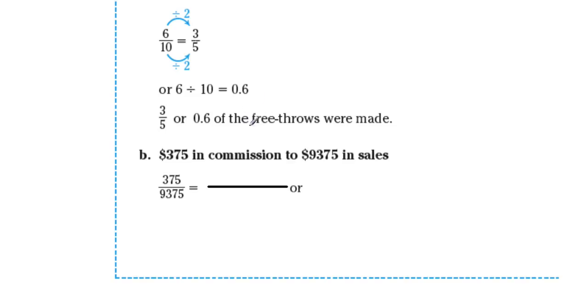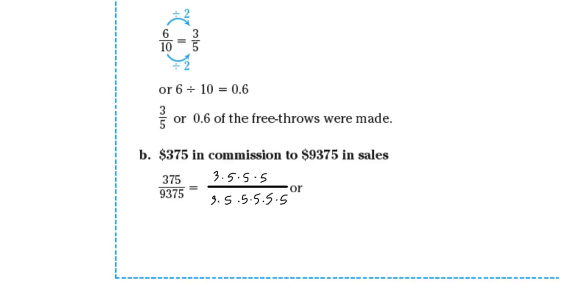The prime factorization of 375 would be 3 times 5 times 5 times 5, using the factor tree or the drop-down method, and the prime factorization of 9,375 would be 3 times 5 times 5 times 5 times 5, again using the factor tree or the drop-down method.